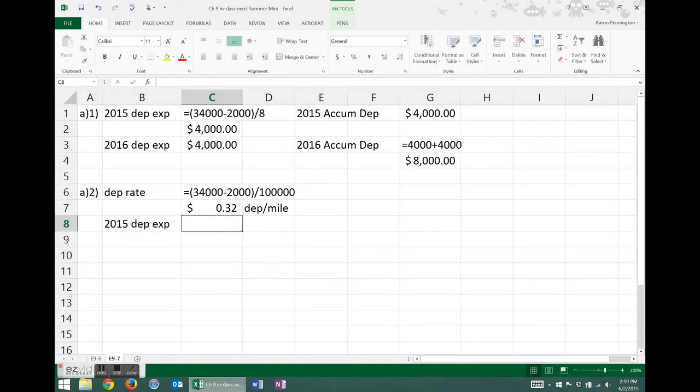Depreciation expense is going to be equal to 0.32 times mileage driven during the year, which is given as 15,000.